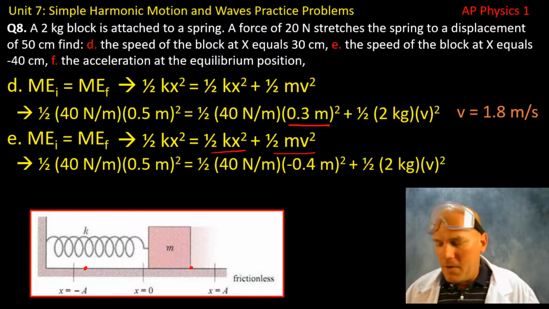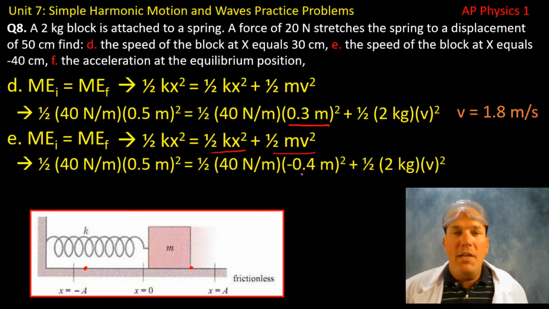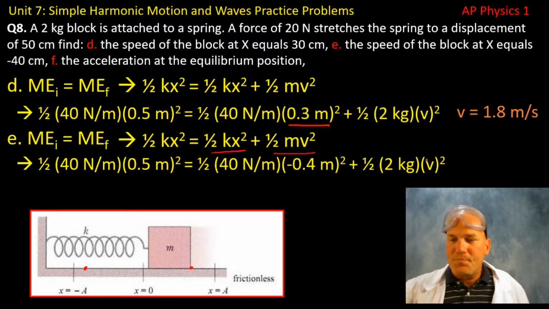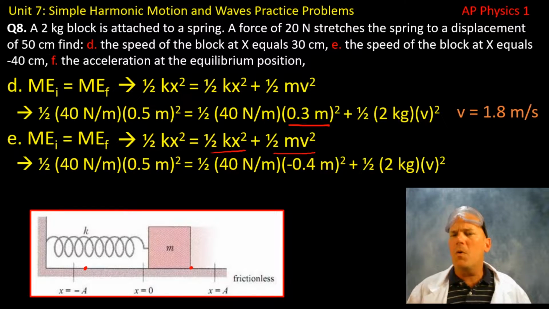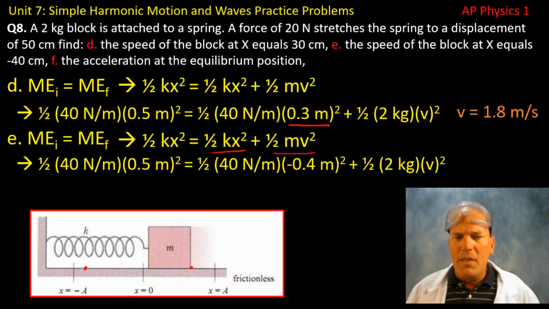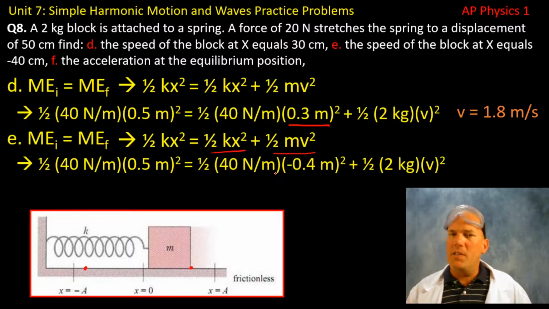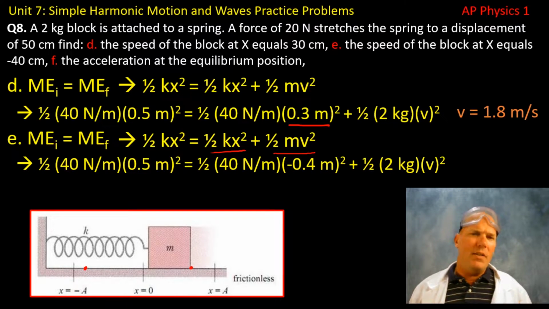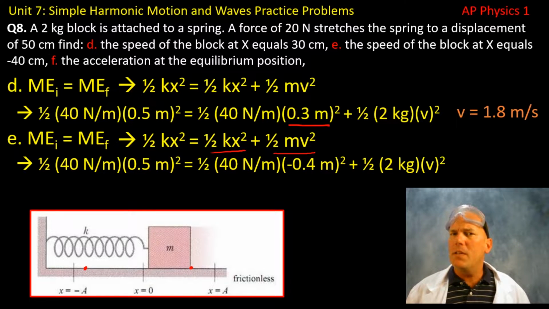And then we have our 0.4. It's squared, so it really ends up not mattering much. And our kinetic energy, which we're trying to solve for the velocity. So when doing this, make a prediction. Is it going to be less than 1.8 meters per second?